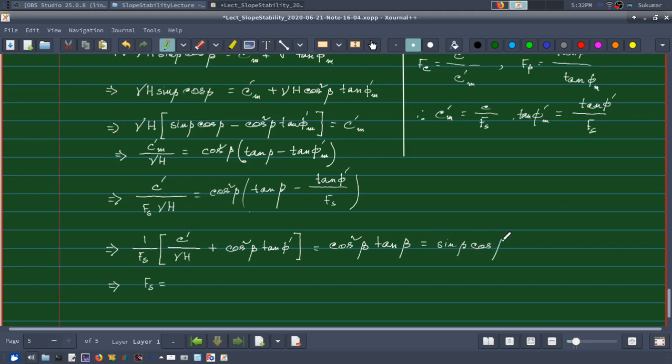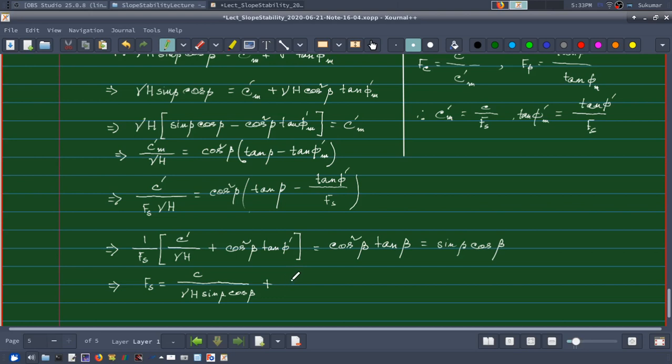Sin beta cos beta. Then my fs will be, in that case, C by gamma h sin beta cos beta plus this term divided by this term, so it will be how much?